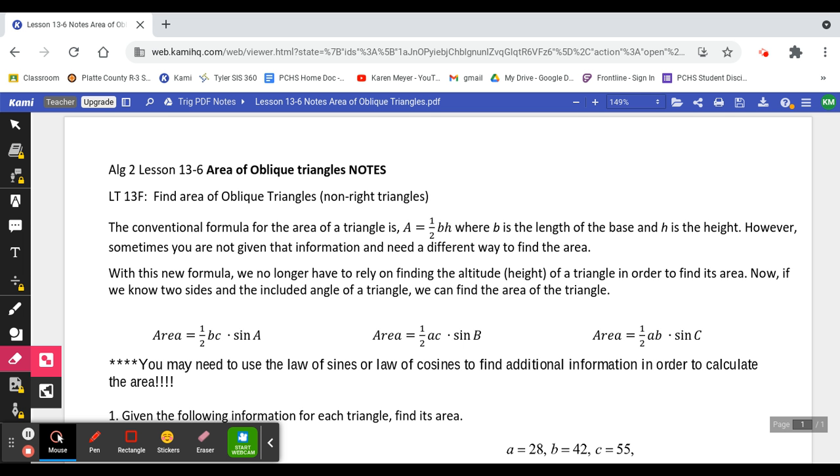So we have a new formula now that we know some trig ratios, and they're listed out here.